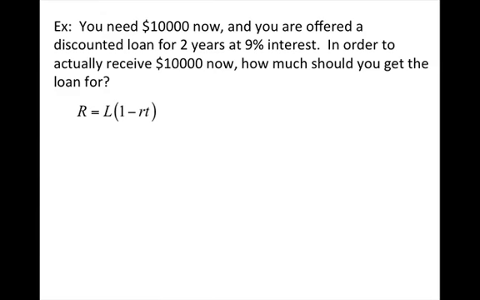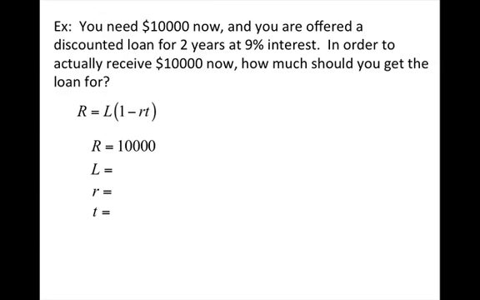So go to your formula, R equals L times (1 minus RT). And my variables are capital R, L, lowercase r, and T. Capital R are my proceeds. That's the amount of money the bank gives me at the time of the loan. So that's my $10,000 this time.